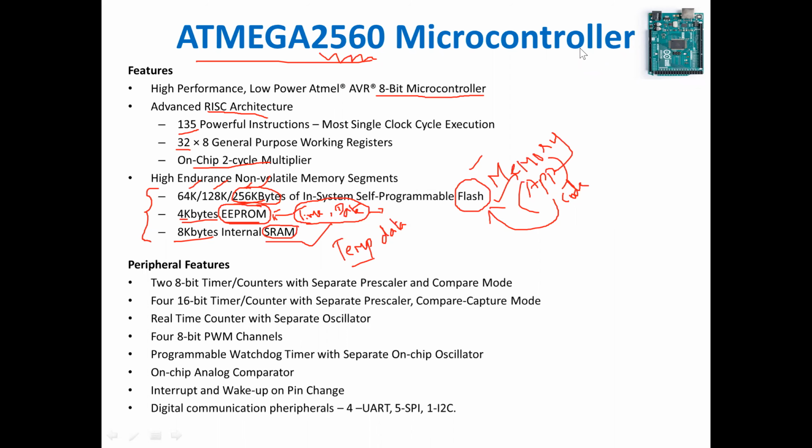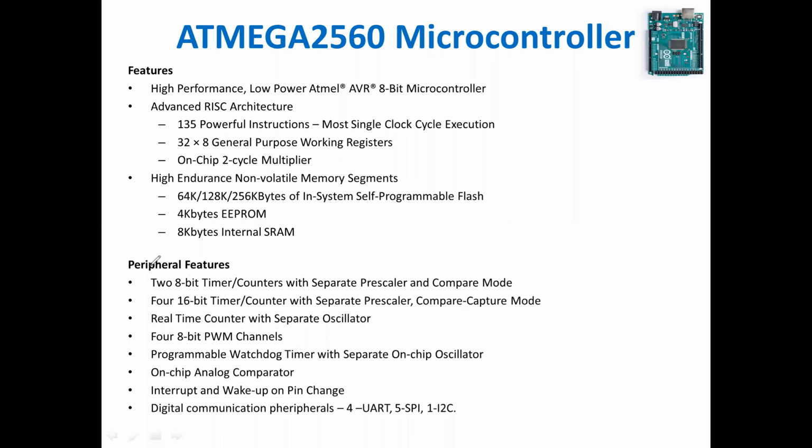Now I just move on to some additional features, which, when compared with the 8051 microcontroller, are some additional peripherals. The peripherals I mentioned are timer, counter, ADC, PWM, UART. These are what we call peripherals.